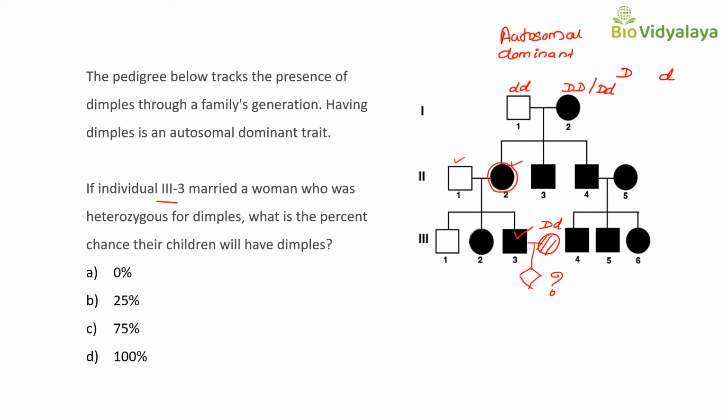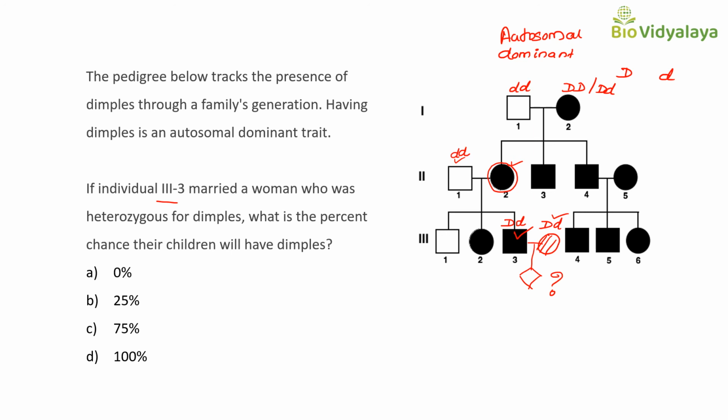So we can say that this mother is homozygous dominant or heterozygous. But this father's genotype is small d, small d. That's why the genotype of this individual 33 is capital D, small d. He is heterozygous. So this individual 33 is heterozygous and this woman is also heterozygous.